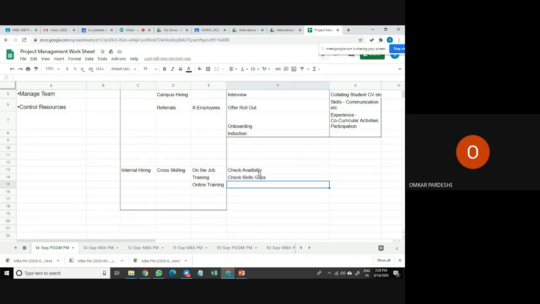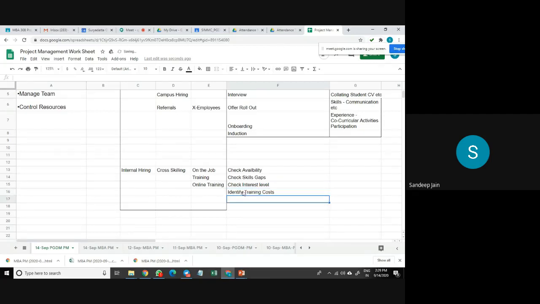Not everybody, even after training, will be able to. So check interest level as well. And then identify training cost.